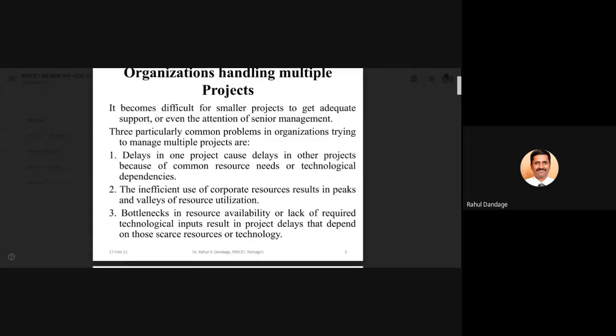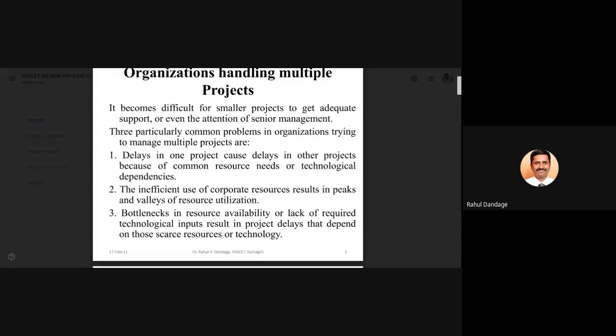And if one project is getting delayed, those resources will get stuck at that project, and they will not be available for the other projects which are going on parallelly. And initially, when the resource planning was done, the resources were considered to be shared, or there may be some technological dependencies between the projects.